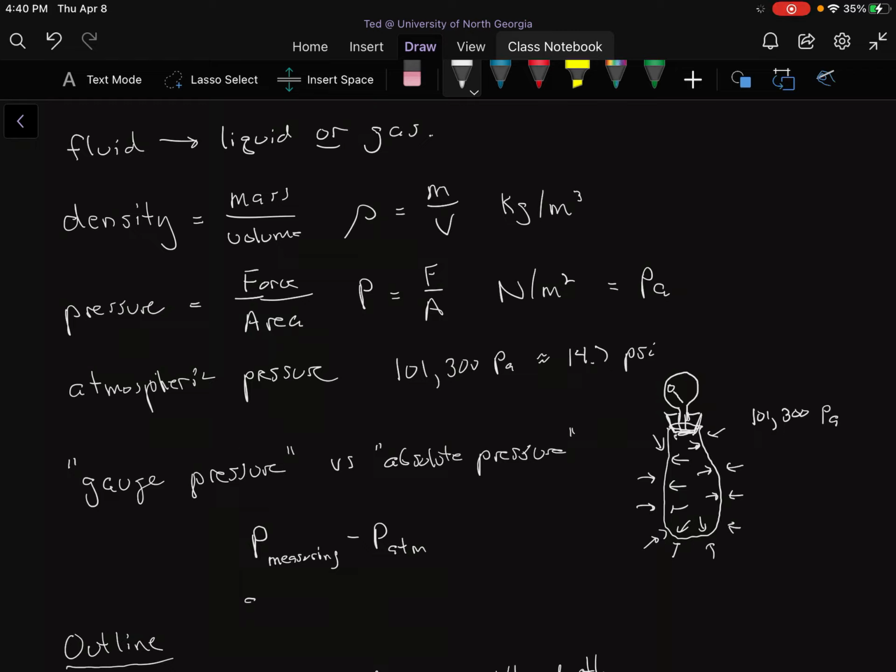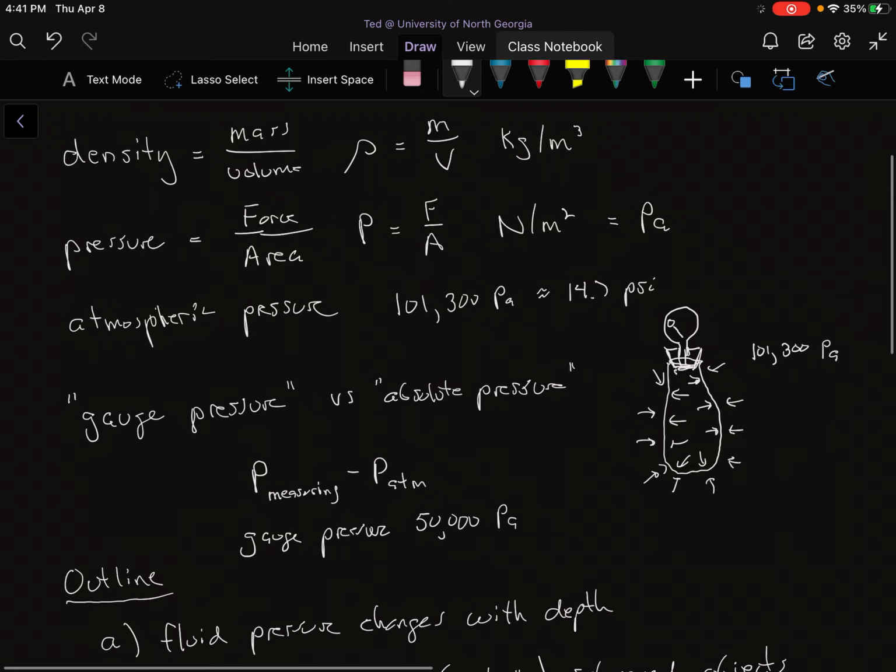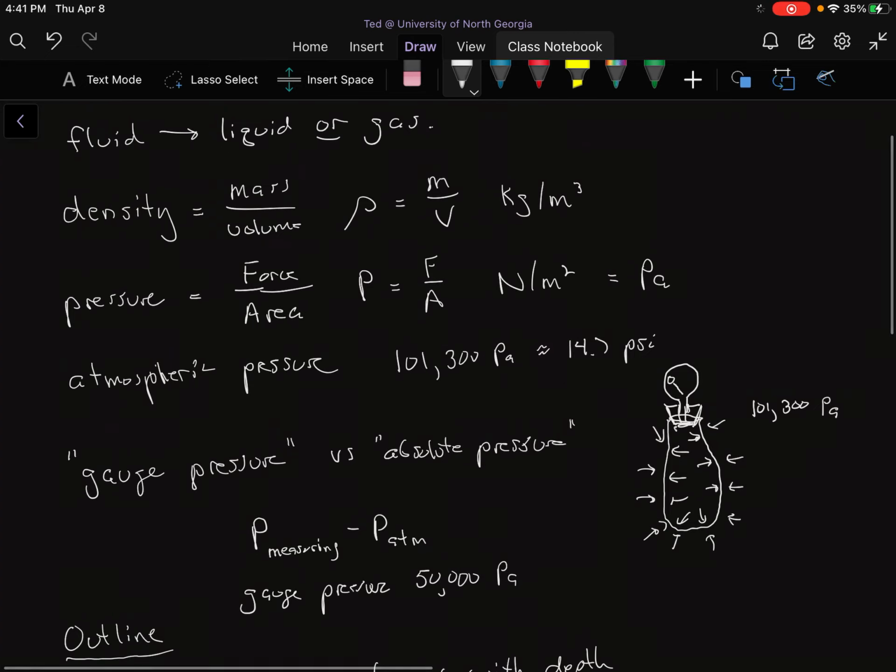So if I said that the gauge pressure was 50,000 pascals, that would mean that the pressure was 50,000 pascals above normal atmospheric pressure. So that would mean that the absolute pressure would be equal to 151,300 pascals, or 50,000 above the normal atmospheric pressure.